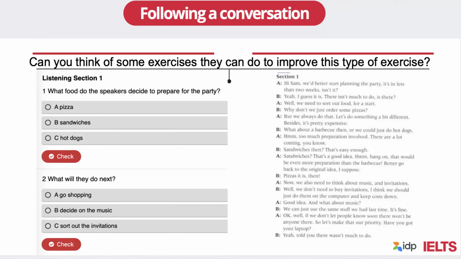Well, we don't need to buy invitations. I think we should just do them on the computer and keep costs down. Good idea. And what about music then? We can just use the same stuff we had last time. It's fine. Okay. Well, if we don't let people know soon, there won't be anyone there. So let's make that our priority. Have you got your laptop? Yeah, told you there wasn't much to do.